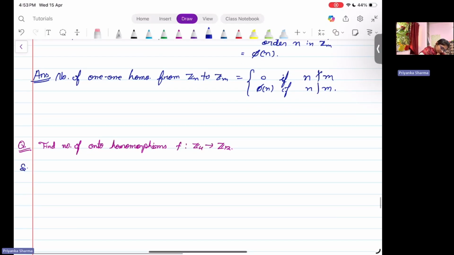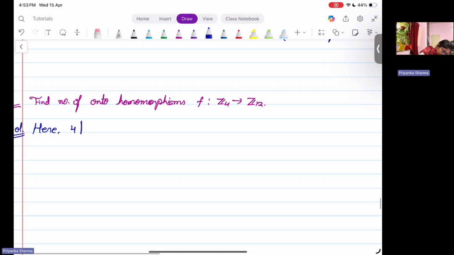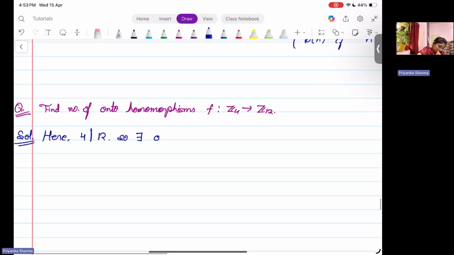So this is a question where we are to find the number of onto homomorphisms from Z4 to Z12. So first we see that 4 divides 12. So there may exist onto or 1-1. Okay, actually here 12 doesn't divide 4, so there is no onto homomorphism.